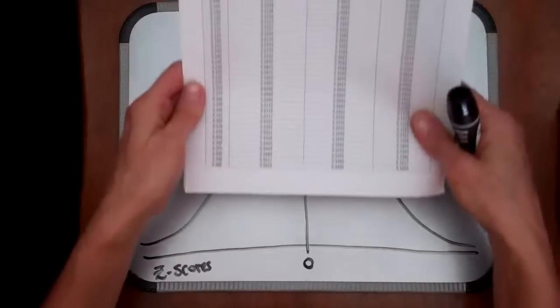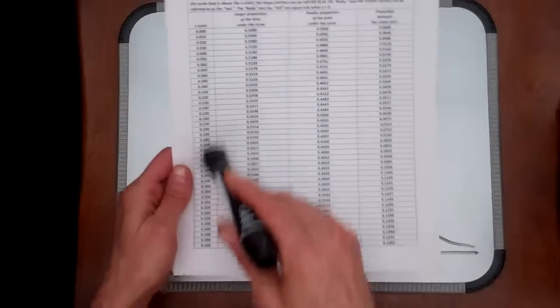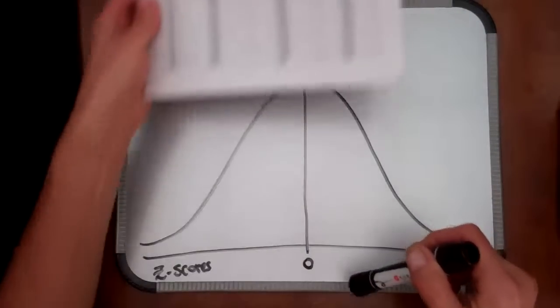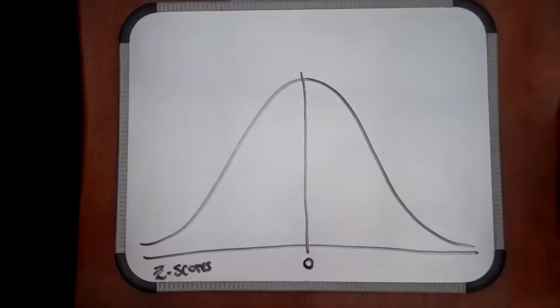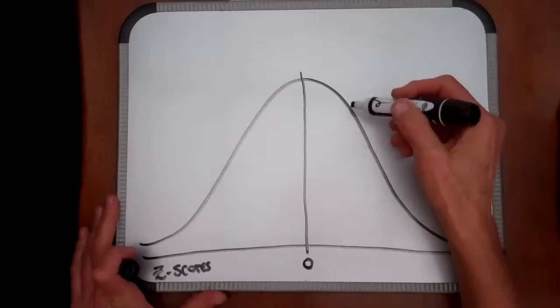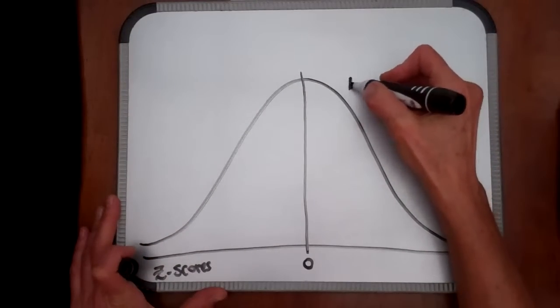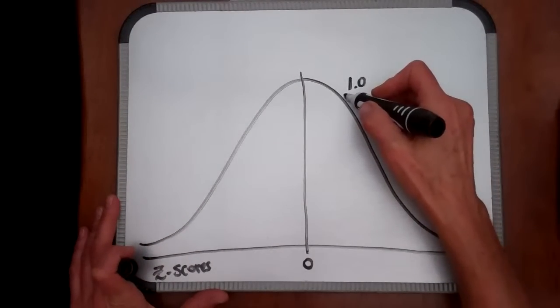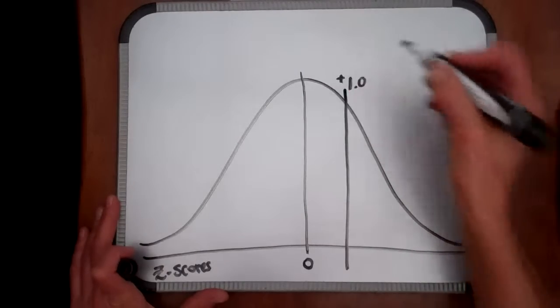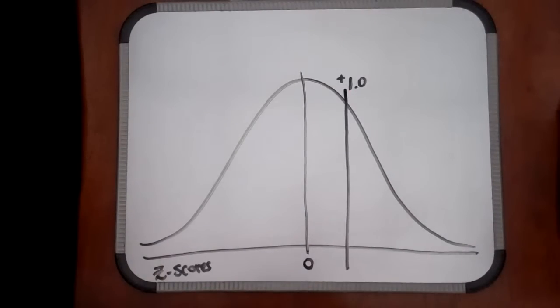So that means that any given z-score that you find here will demarcate a point on the normal distribution curve and split the normal distribution curve into 2 portions. So let's use 1.0 as our first example. Let's just say we're going to draw this in. This is approximately a z-score of positive 1.0.